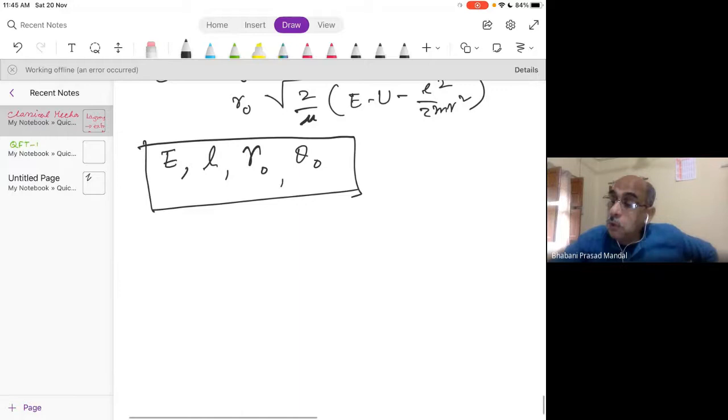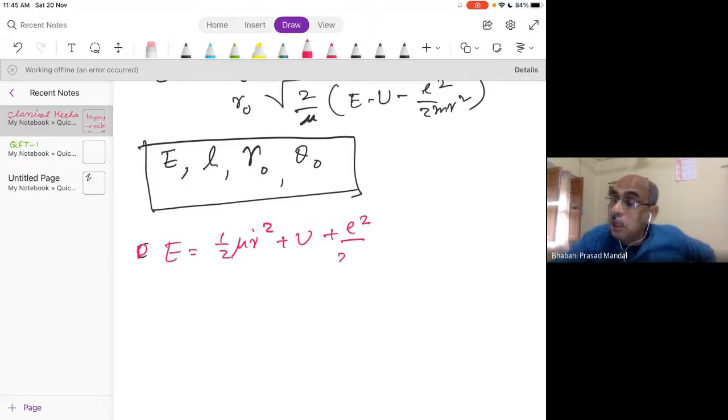Okay, very good. So now E, as I wrote, is half mu r dot square, the kinetic energy. Then there is a potential energy, and there is also some additional term coming from our analysis, which is L square over 2 mu r square, where L is the magnitude of the angular momentum.